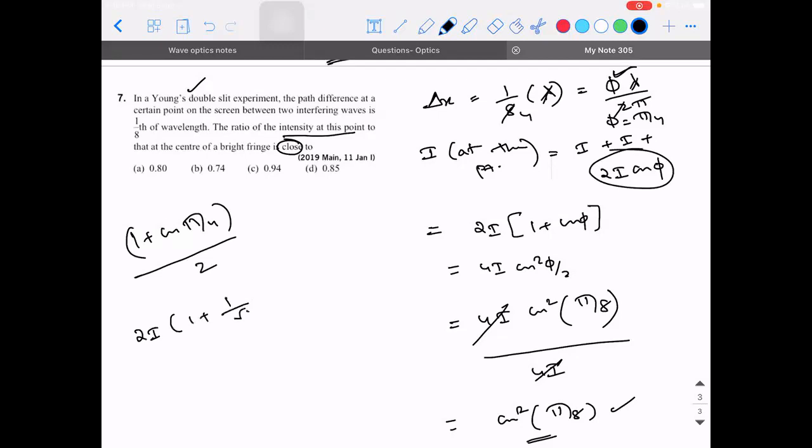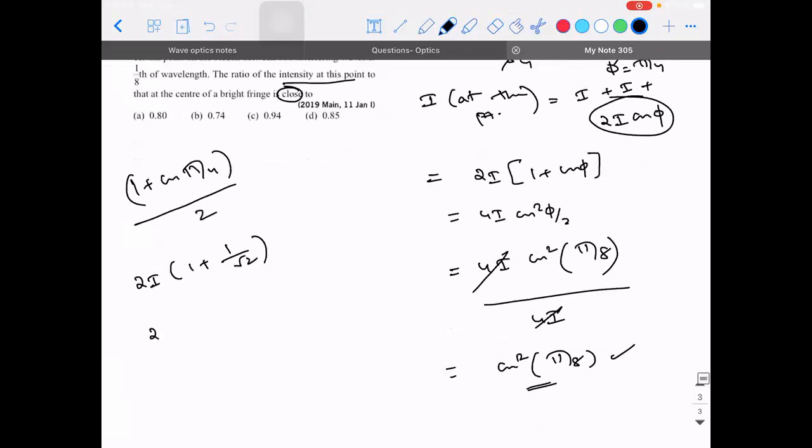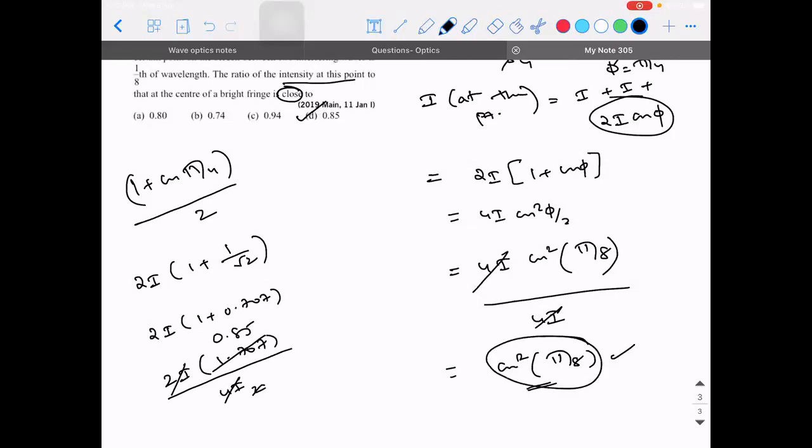Cos pi by 4 is 1 by root 2, and 1 by root 2 is 0.707. So 2i into 1 plus 0.707, that is 2i into 1.707 divided by 4i. This gives 0.85 something. You can do it this way too. I think this is easier than solving it the other way.